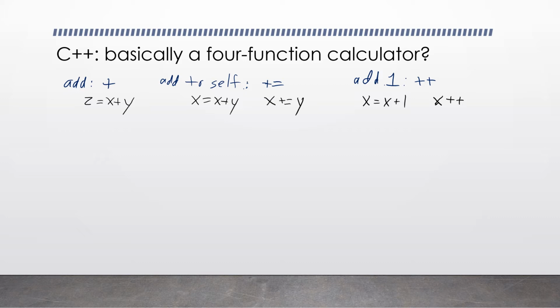Okay, so all of these are equivalent here. You could type x equals x plus y. That's perfectly good C. But so is x plus equals y, and that uses fewer keystrokes and a shorter line of code. And similarly, you can type x equals x plus 1.